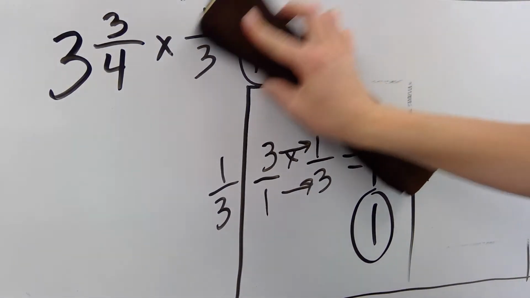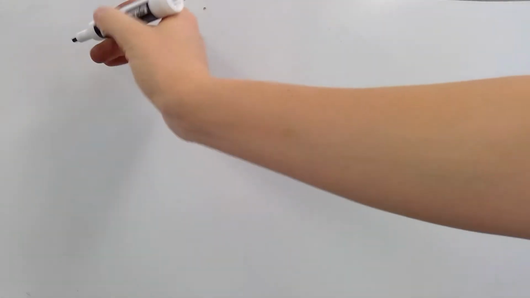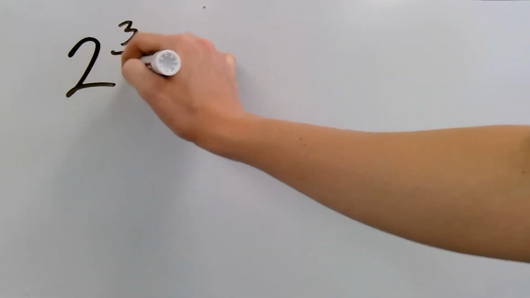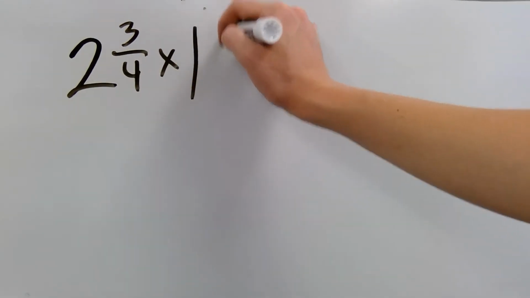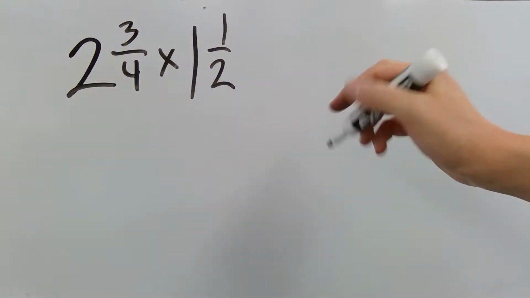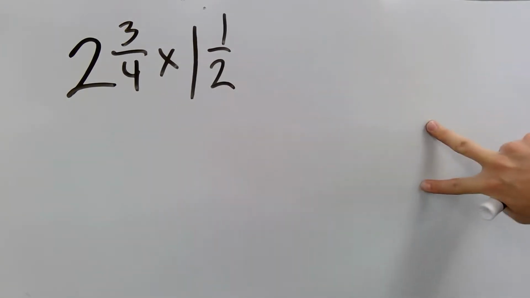Now let's look at if I have two mixed numbers instead of just one. A mixed number is when you have a fraction and a whole number. So if I had something like 2 3/4 multiplied by 1 1/2, it's the exact same process, just this time when we draw our area model, we have to split both of them 2 ways.